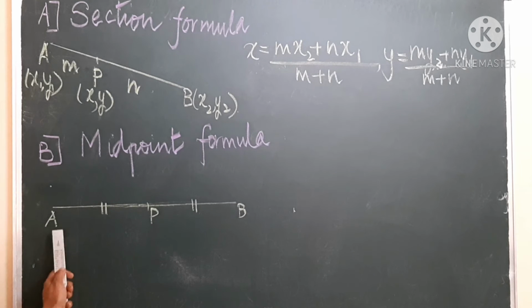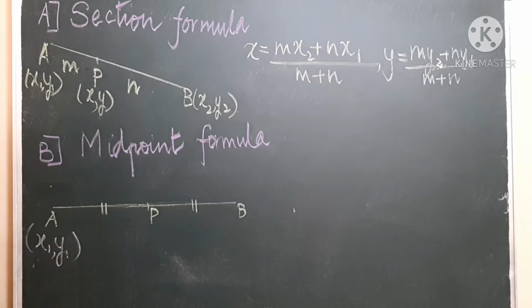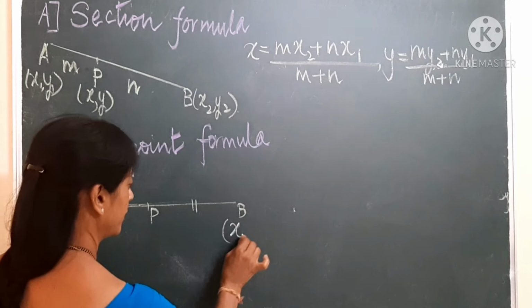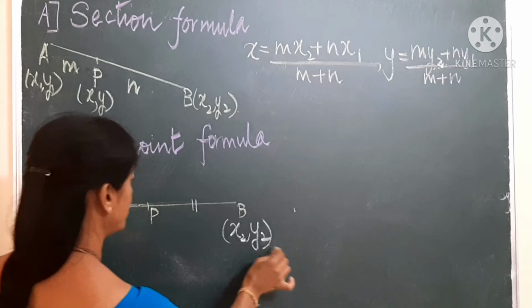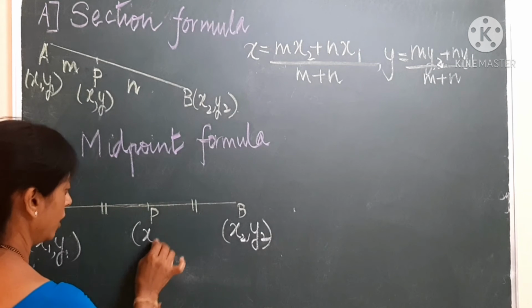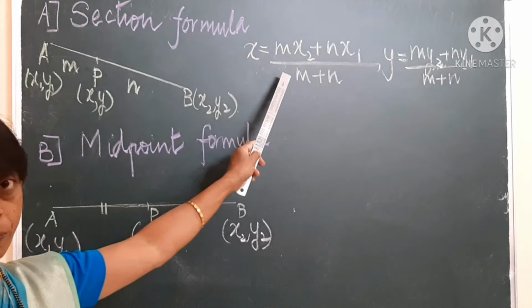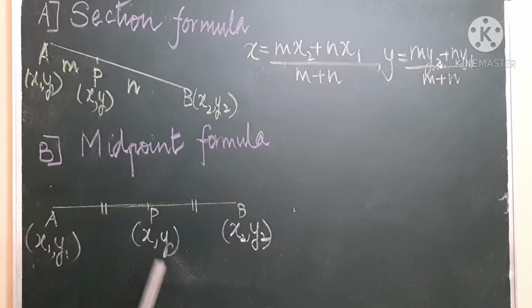Once again, the coordinates of A will be x1, y1. Point B will be x2, y2. And point P, the coordinates will be x, y. By using the section formula, let's see how we derive the midpoint formula.